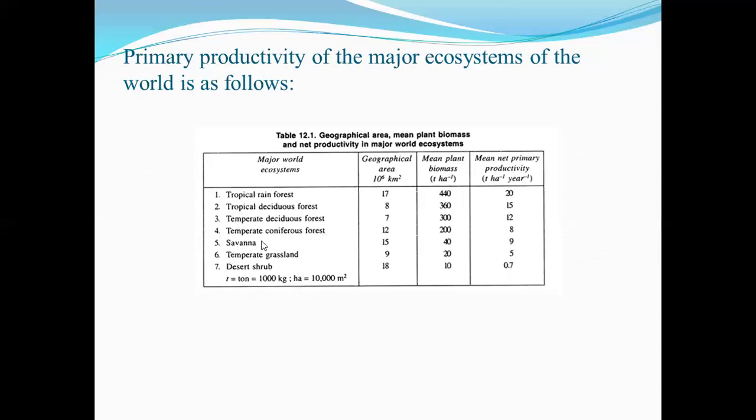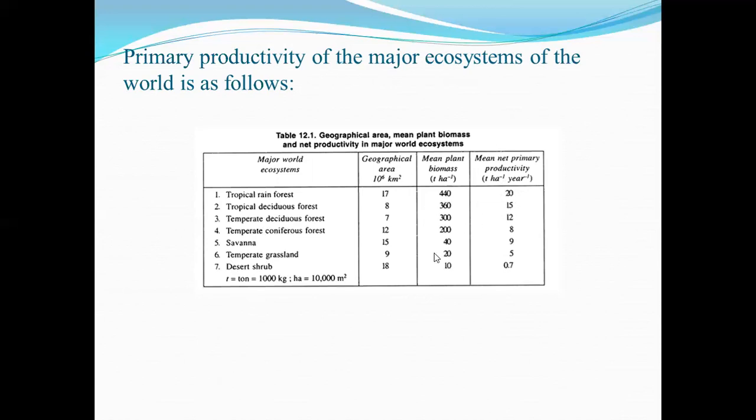Then the grasslands, savannas and temperate grasslands, it is something around 9 and 5 tons per hectare per year. And desert shrub is giving 0.7 tons. You see, this is the difference between the tropical forests, temperate forests and grasslands, where the productivity is basically concentrated in the tropical forest, whether it is rainforest or deciduous forest.